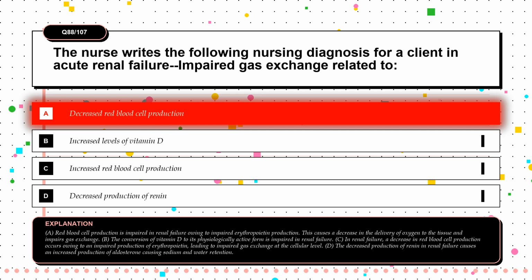C. In renal failure, a decrease in red blood cell production occurs owing to an impaired production of erythropoietin, leading to impaired gas exchange at the cellular level. D. The decreased production of renin in renal failure causes an increased production of aldosterone, causing sodium and water retention.